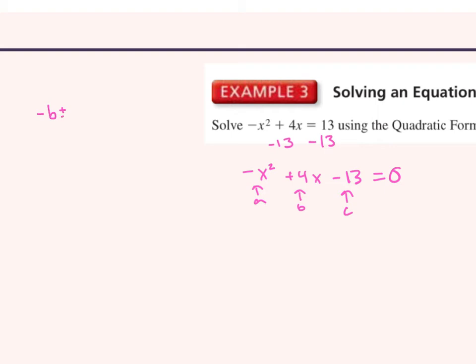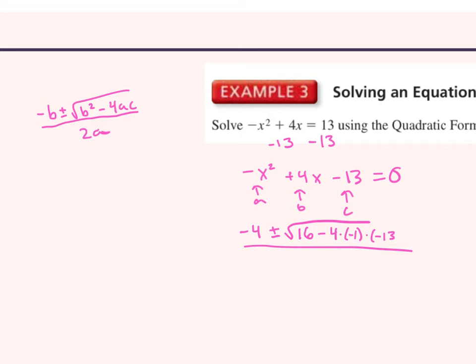Is negative b plus or minus square root b squared minus 4ac over 2 times a. So our b is 4, negative 4, plus or minus the square root of 4 squared, which is 16, minus 4 times negative 1 times negative 13 over 2 times a, which is negative 2.